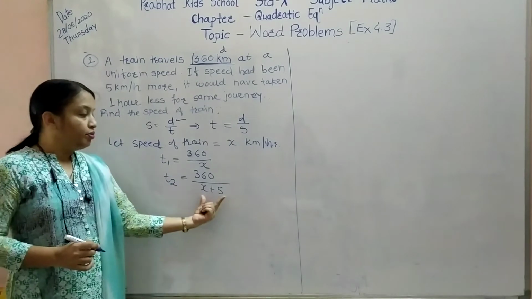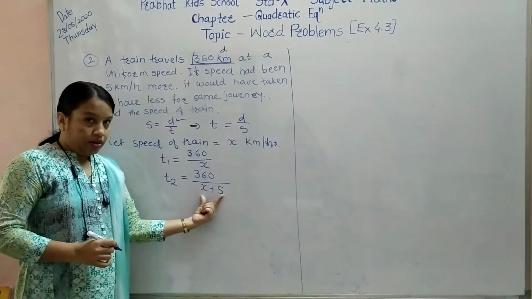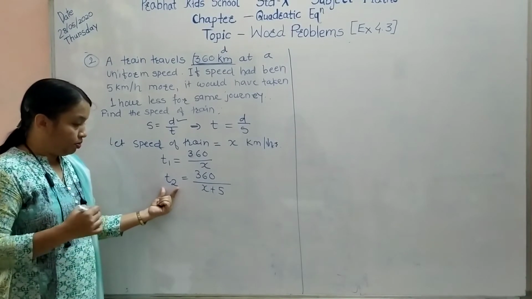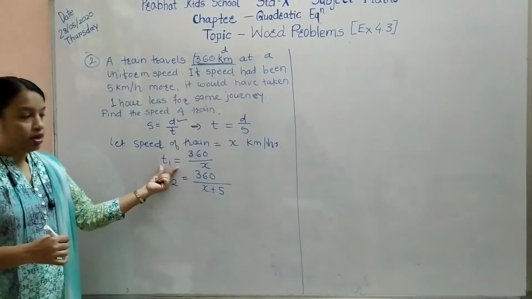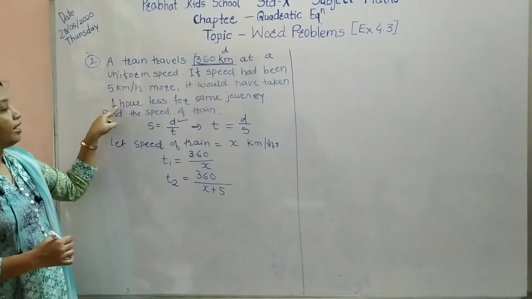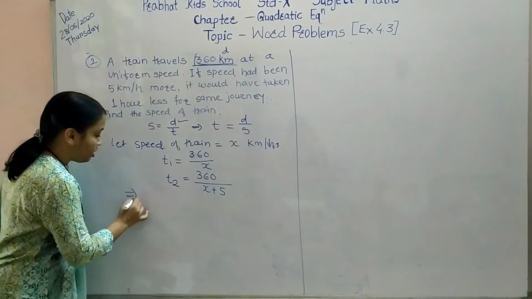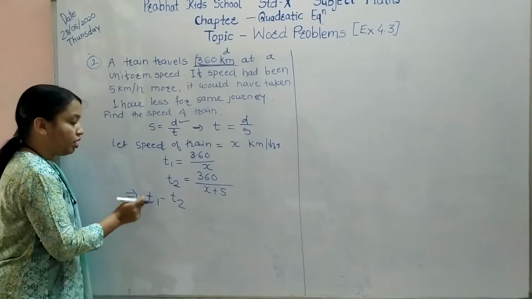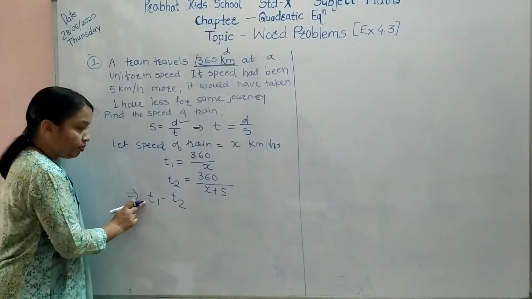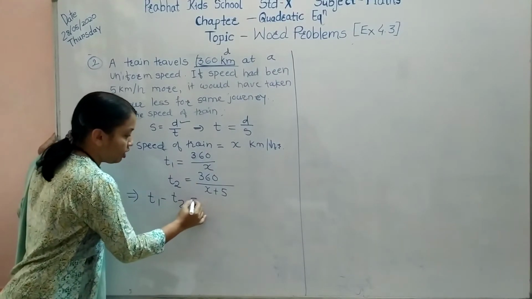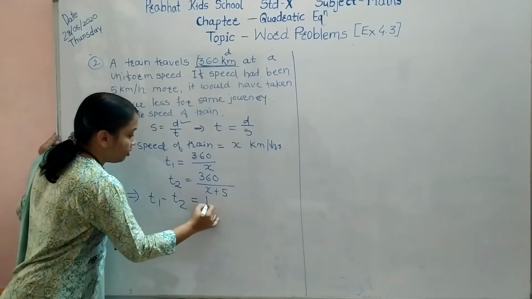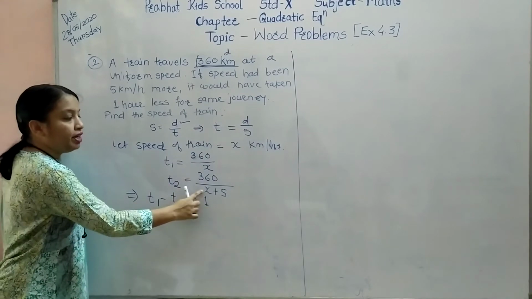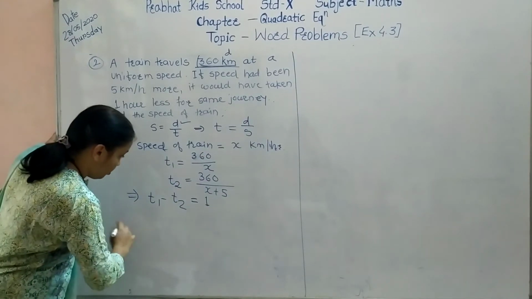Now, obviously, if the speed is increased, the time taken is less than the previous one. And how much less? That is 1 hour. Therefore, this leads to t1 minus t2, the difference between the previous time and this, is equal to 1, as t2 is lesser because the speed is increased.